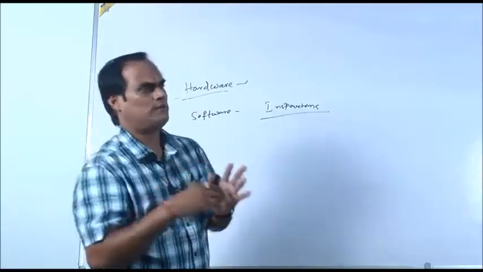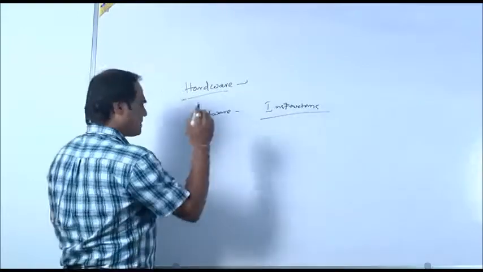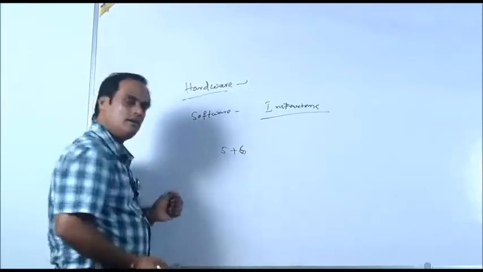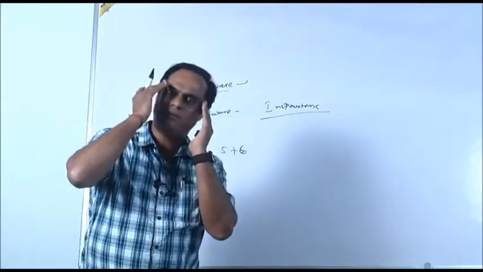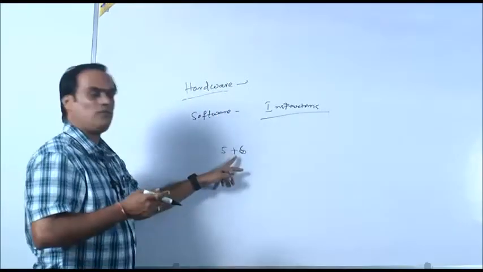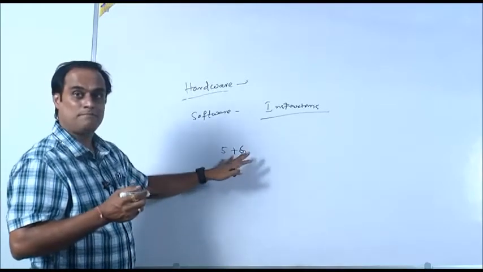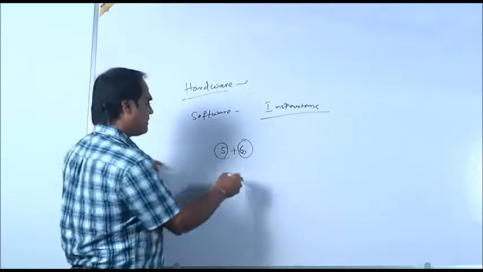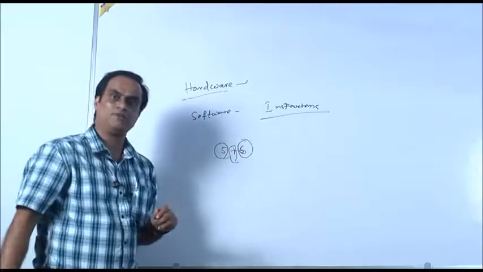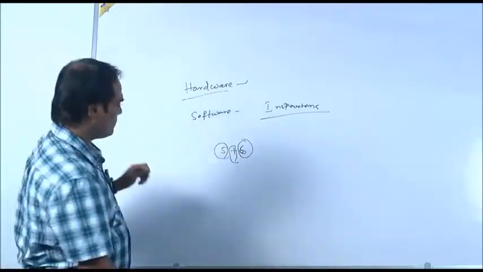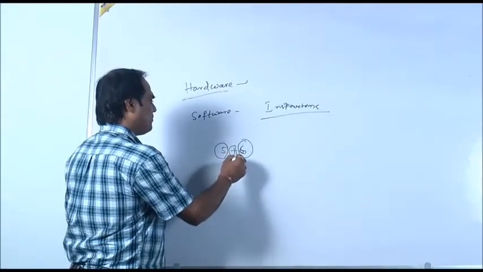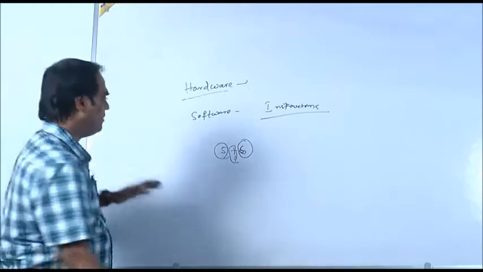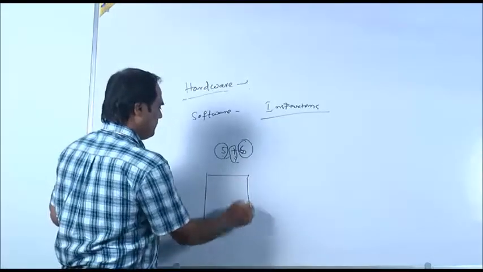Let me give a simple example. Suppose we want to add 5 plus 6. Here 5 is numeric data and 6 is numeric data, and the plus sign is the operator. An operator is used in between two numeric values.